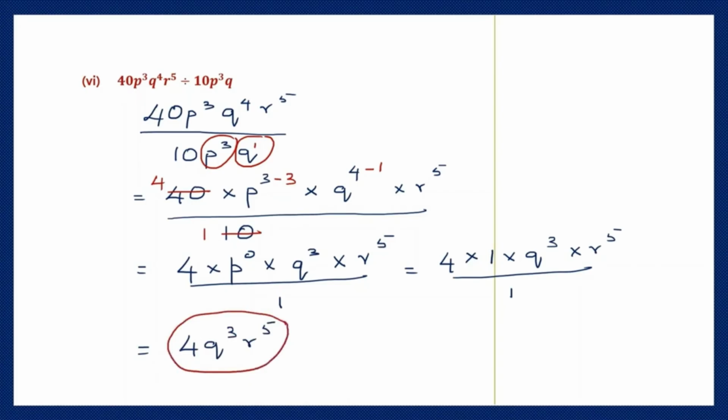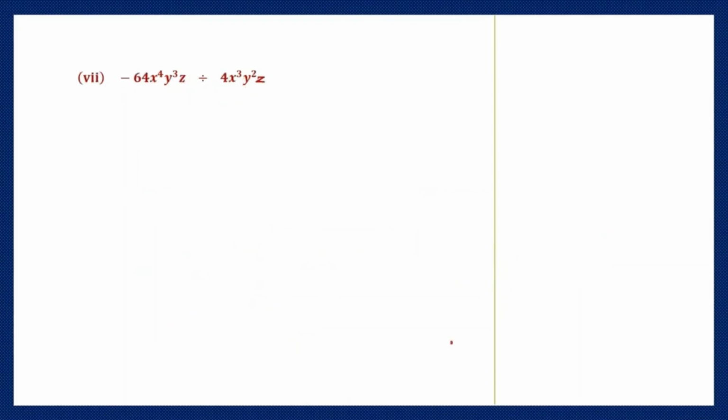4 q raised to the power of 3 and r raised to the power of 5. Question 7. Here we have minus 64. Let's write that down. Minus 64 x to the power of 4 y to the power of 3 and z divided by 4 x to the power of 3 y to the power of 2 and z.